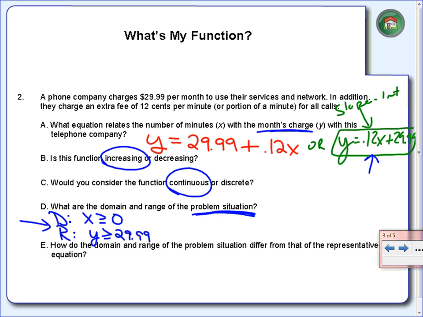But the domain and range for our problem situation is this right here.